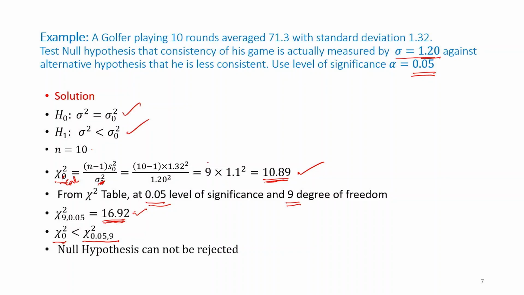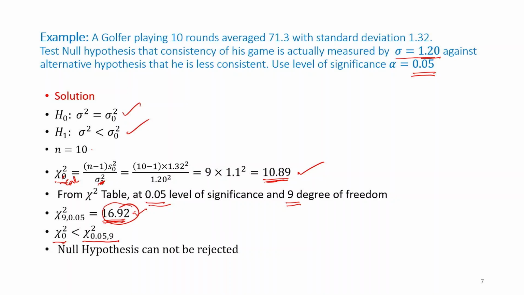As long as the observed value of chi-square remains less than this, we will say there is no difference at the level of significance 0.05. If it crosses this value, if I get a value which is 17, 18 or 19, then we'll say the null hypothesis has to be rejected, and there is a difference now.